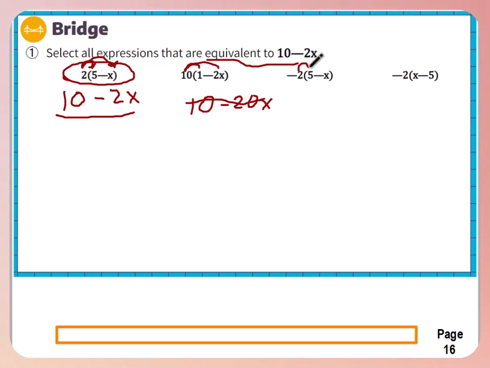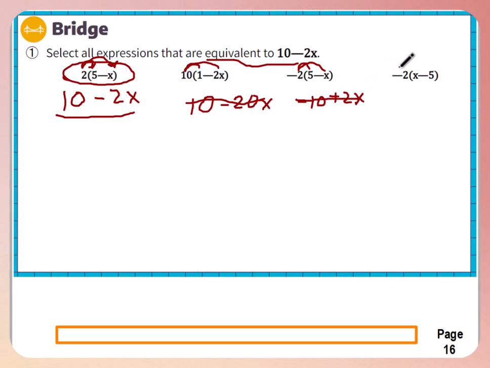Let's distribute the negative 2 to the 5. Negative 2 times positive 5 is negative 10. And then negative 2 times negative x is a positive 2x. Now this looks similar, except the signs are different. They're opposite. So this is not a match.